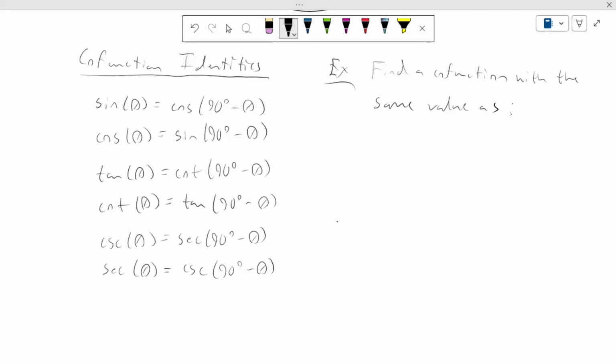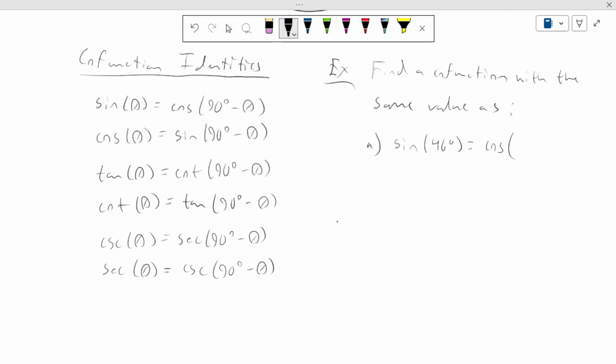So for part A over here, we have sine of 46 degrees. We want to find a cofunction with the same value as sine of 46 degrees. Well, we know that the cofunction for sine is cosine. And so we're wondering, what angle does cosine need to have in order for it to give us the same value as sine of 46 degrees?